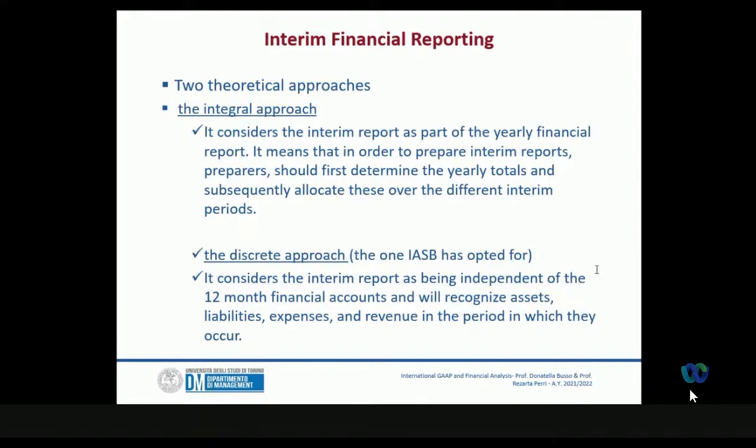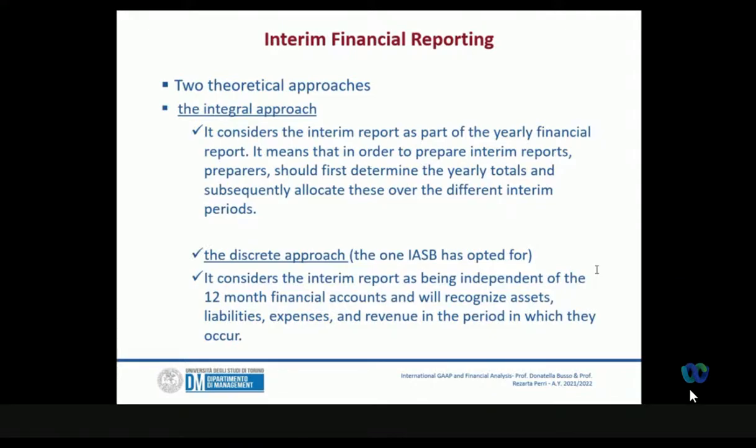That means that under the integral approach, depreciation equals yearly depreciation divided by 4. I'm writing in the chat.